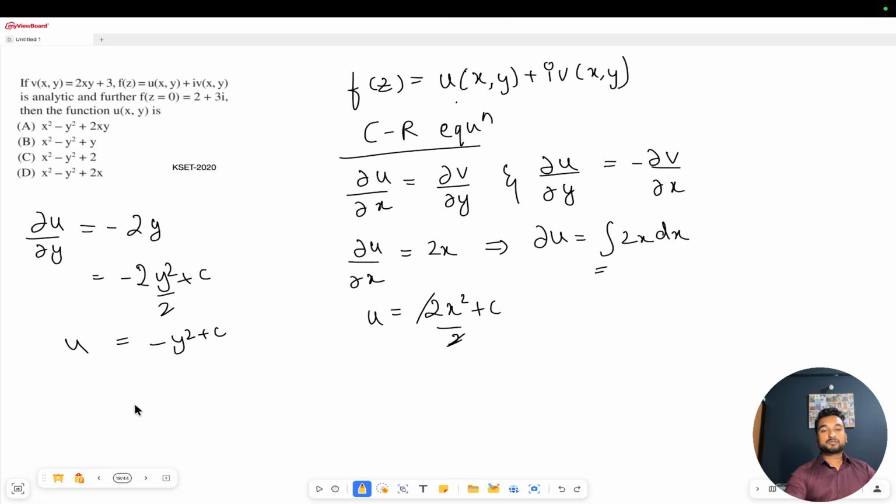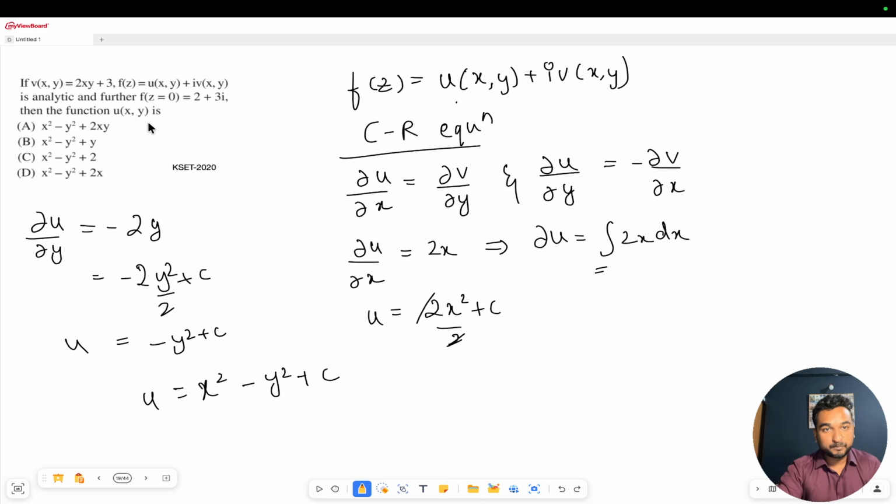So finally you write u with both the terms: here x square, from here minus y square, and whichever terms repeat, you have to write only once. Like if x square comes in both, only one x square will be there. So this will be your u.